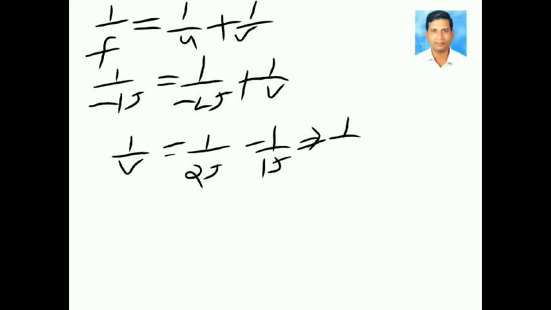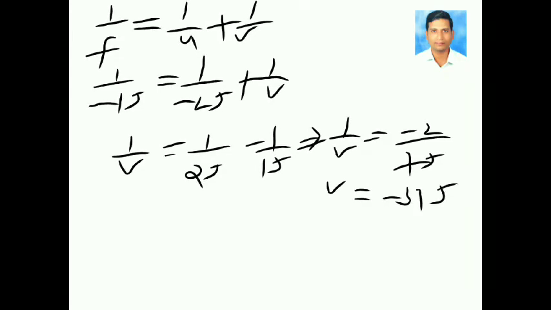Therefore 1 by v is equal to minus 2 by 75. v is equal to minus 37.5 centimeters.